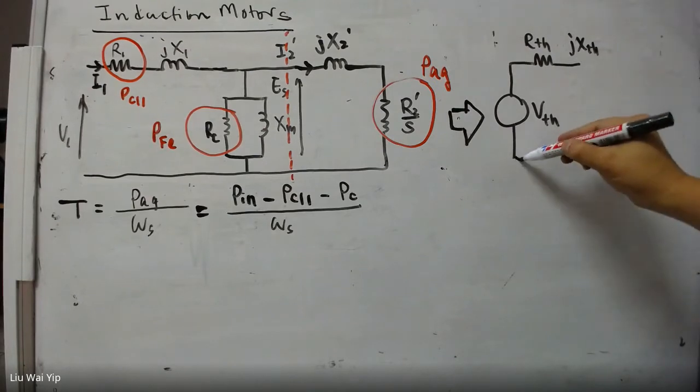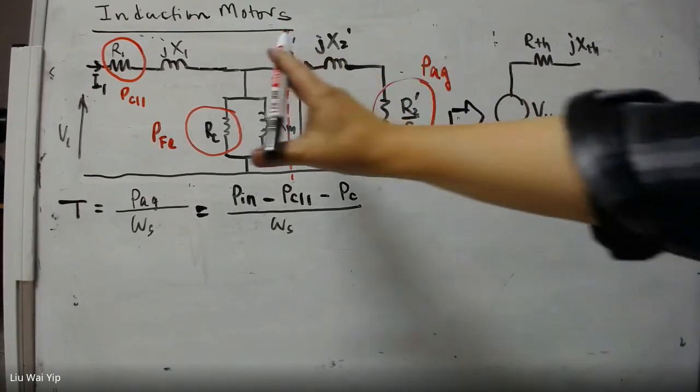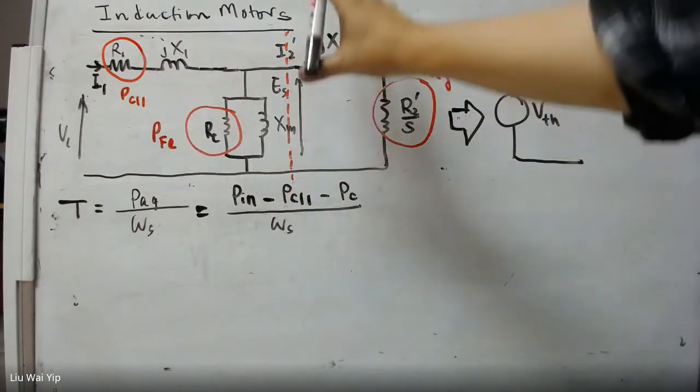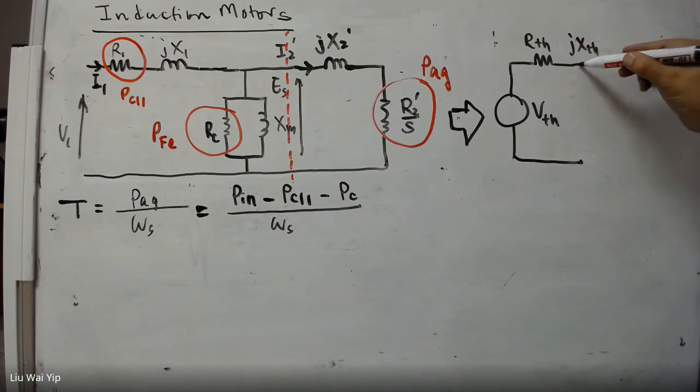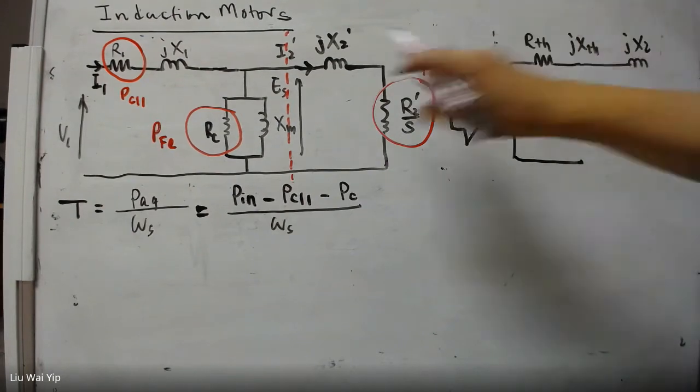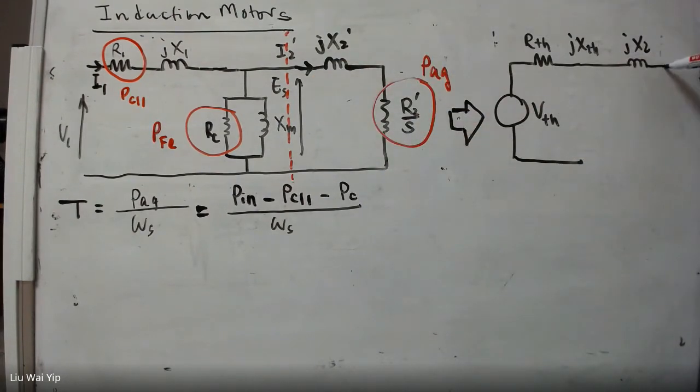So this is what we have on the left of the red line. And on the right side of the red line, we have jX_2, and then the resistance.